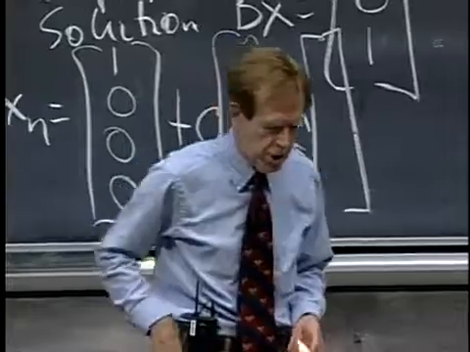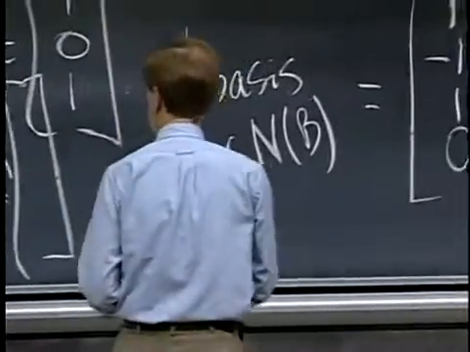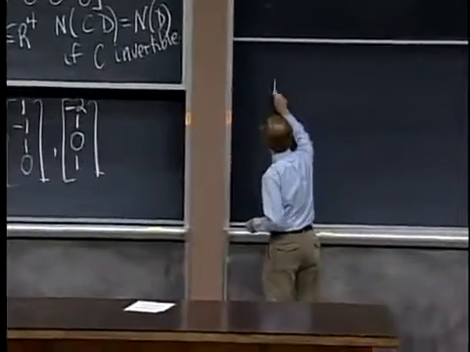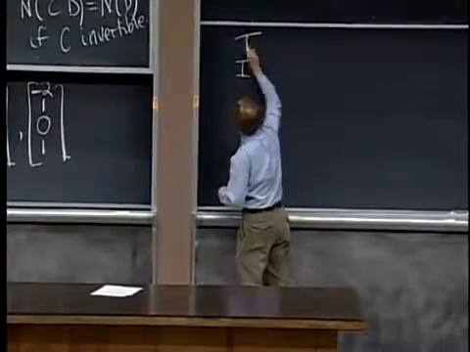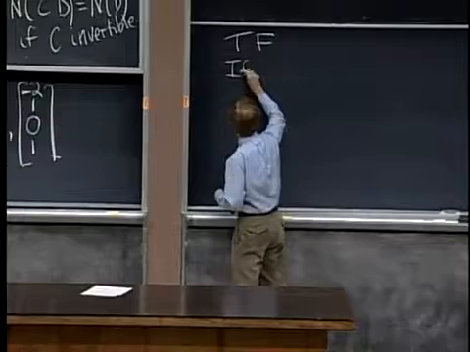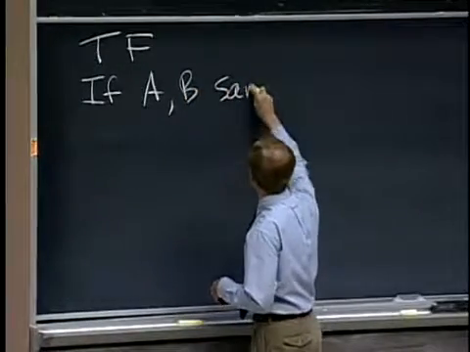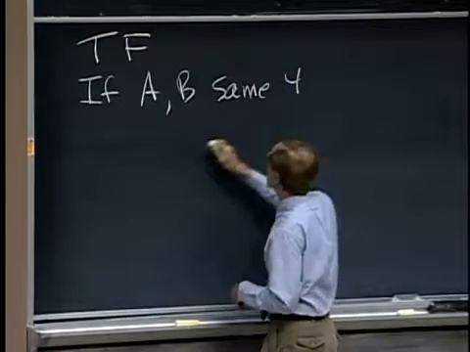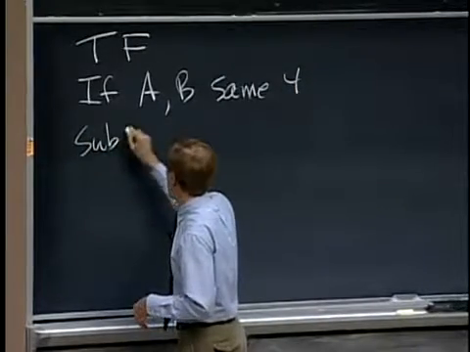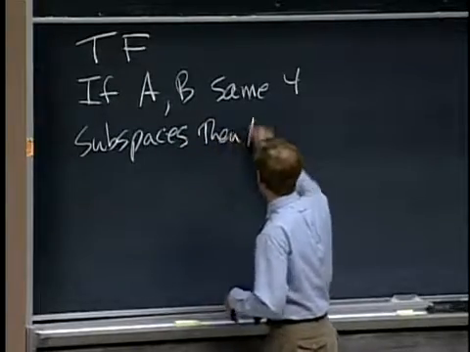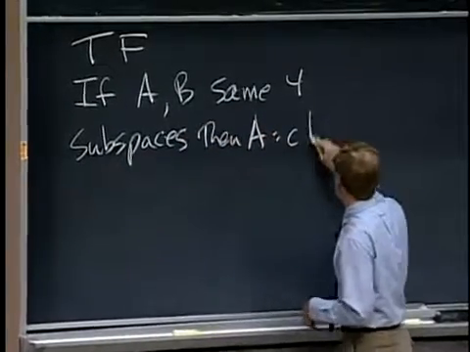Let me repeat the question. True or false? If A and B have the same four subspaces, then A is some multiple of B.